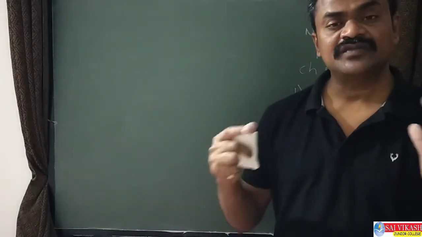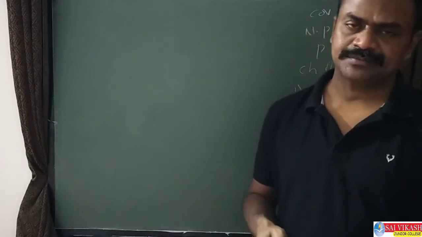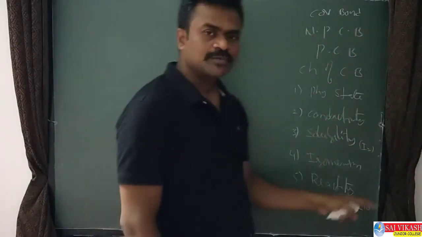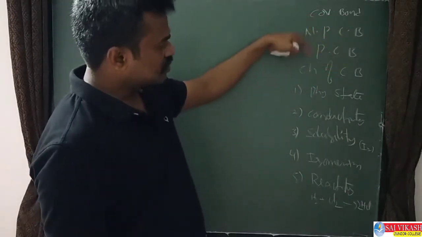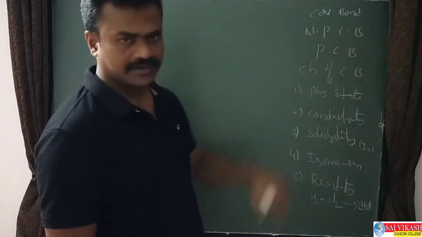Mutually sharing of electrons between two atoms causes the formation of a covalent bond. All these are subtopics of the covalent bond. There are two types: non-polar covalent bond and polar covalent bond.